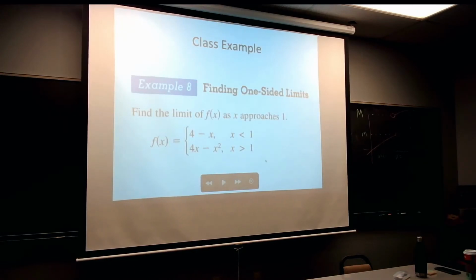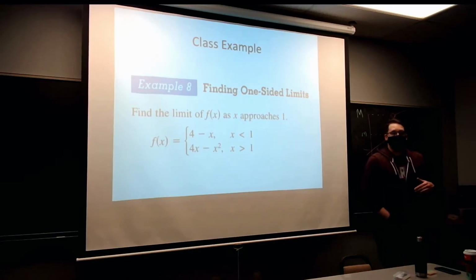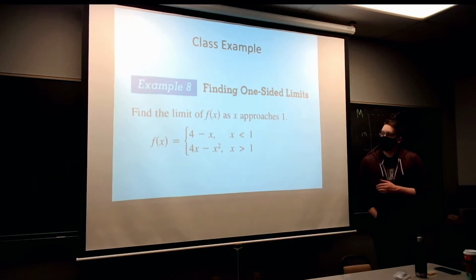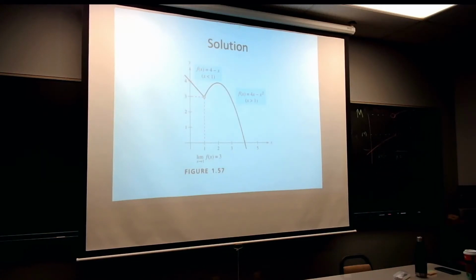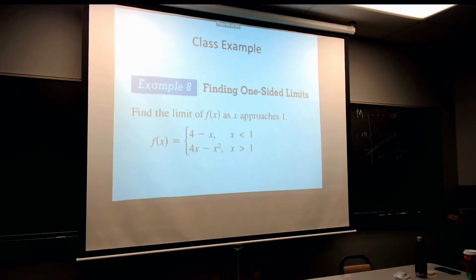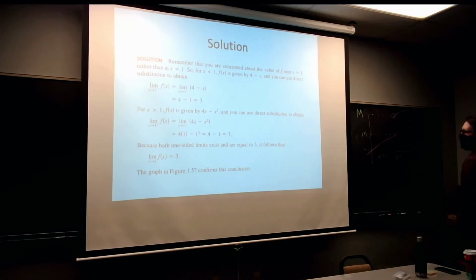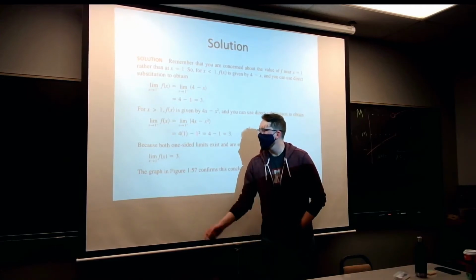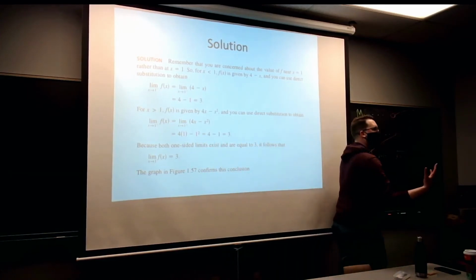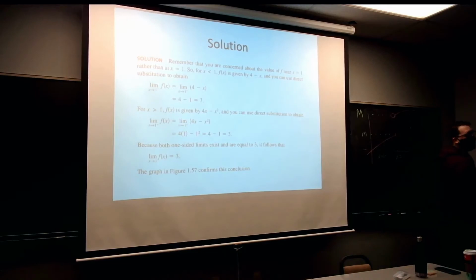One, as x approaches 1, we have two different functions happening when x is greater than 1 and when x is less than 1. And because our graph told us it was a good idea. So from the left and from the right, they're equal to each other, so the limit must be 3. Does that answer your question?